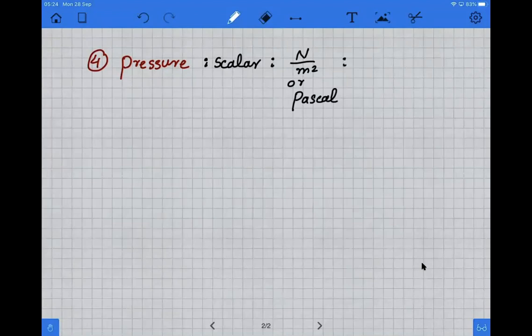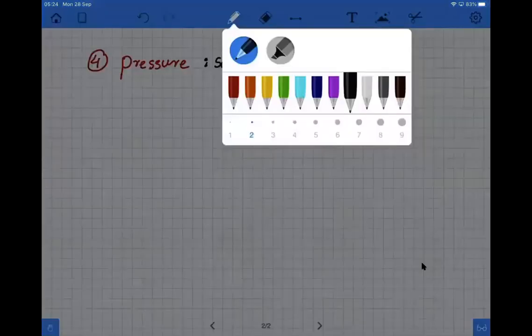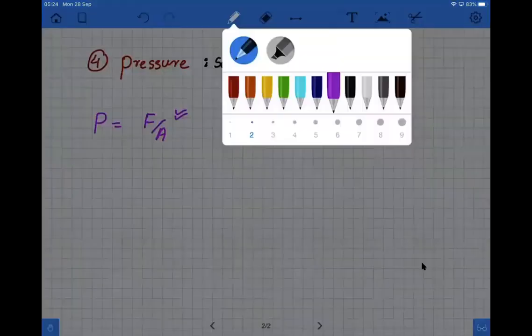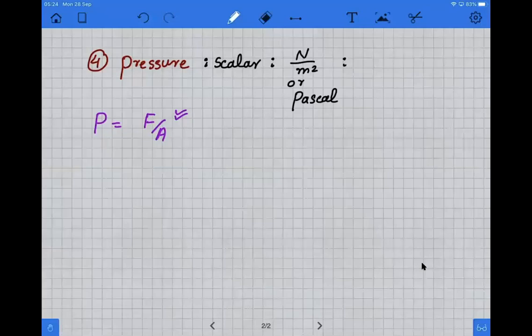We can find base unit of pressure if we have some formula for pressure. Generally, pressure is force over area, or sometimes it is rho gh in different cases. So if we write pressure is force over area, then unit of pressure will become Newton over meter square.